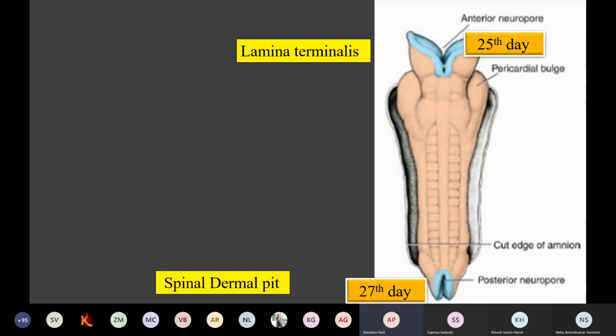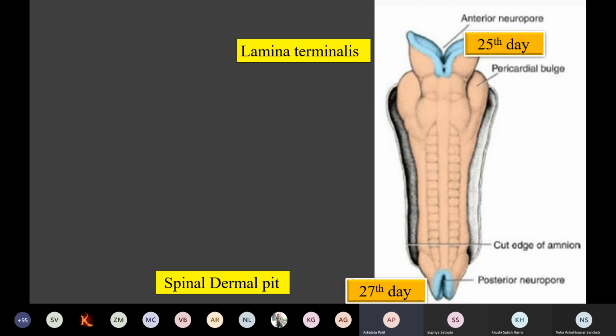Here you can see the anterior neuropore. It closes by the 25th day of intrauterine life, during the 4th week. The site of the anterior neuropore in the brain is seen as the lamina terminalis.